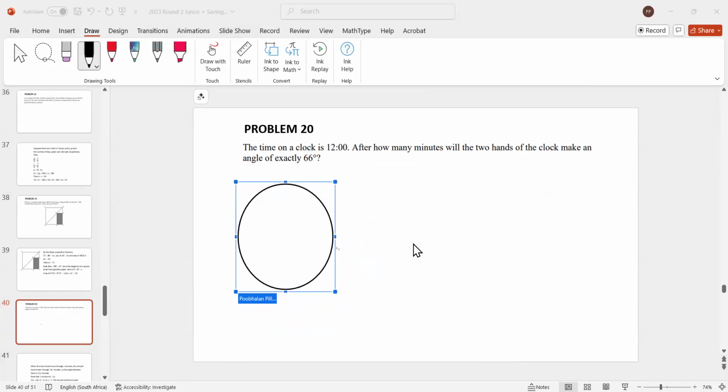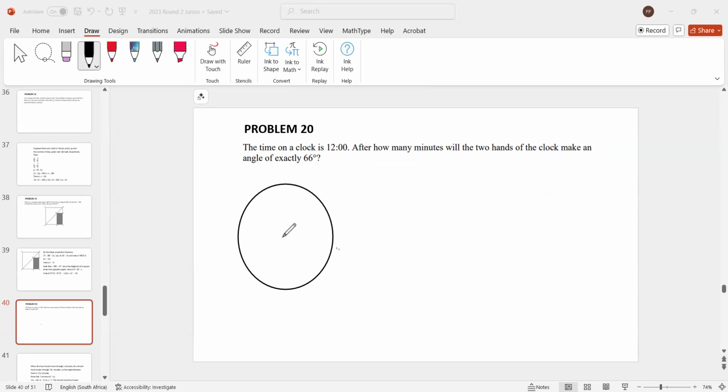All right. So you got a clock here, and every clock has got a minute hand and an hour hand. So let's just see what he's saying here. After how many minutes will the two hands of the clock make an angle of 66 degrees?